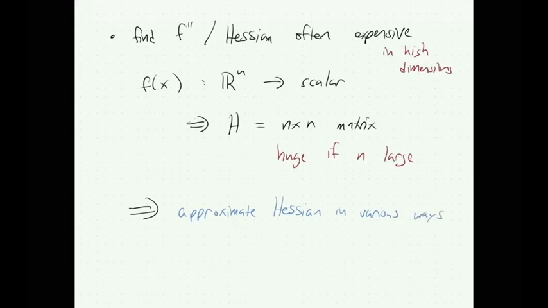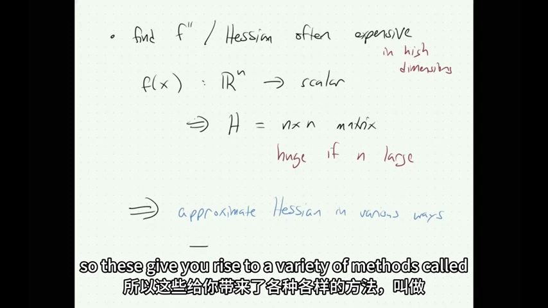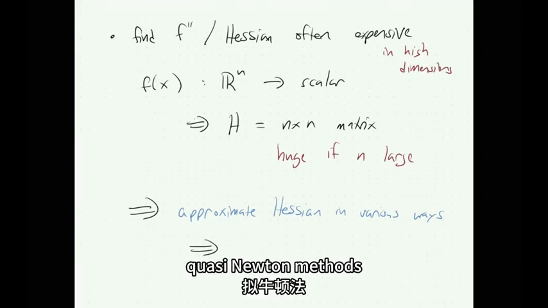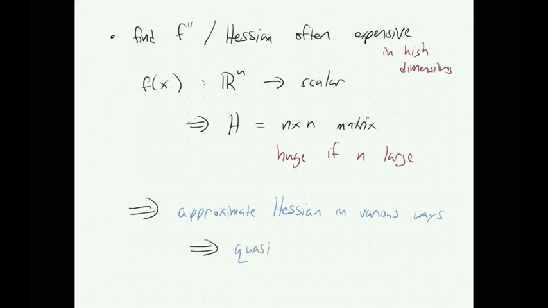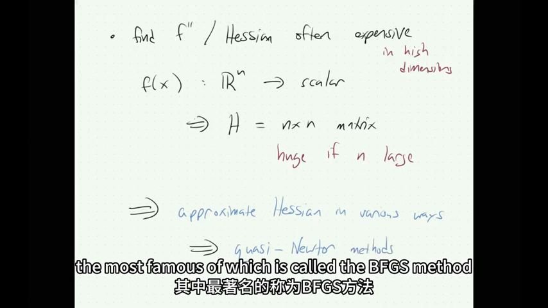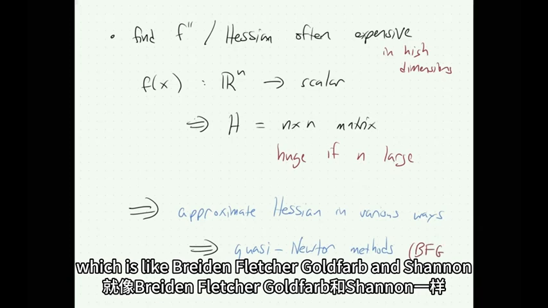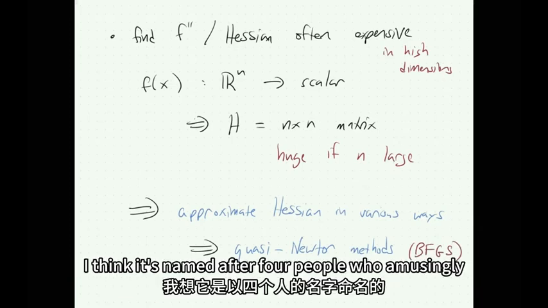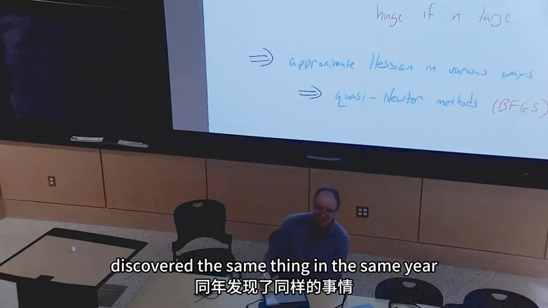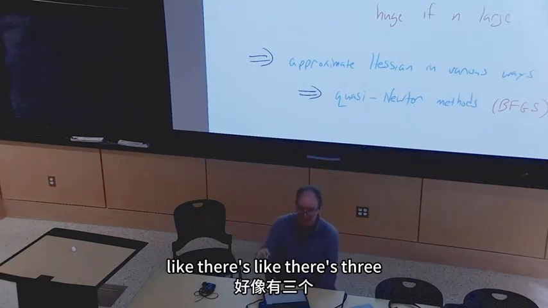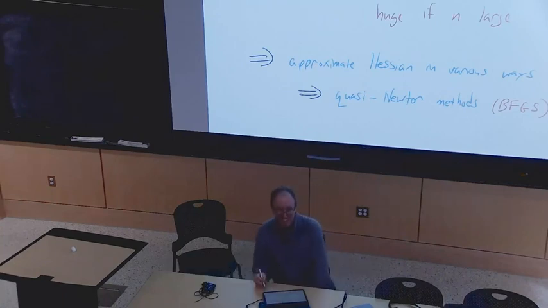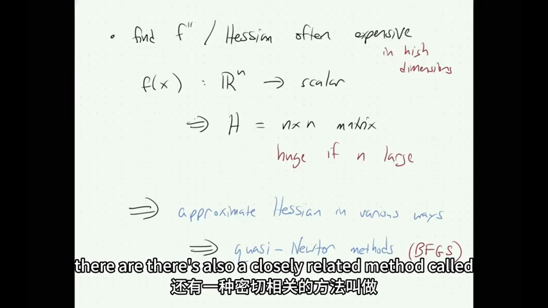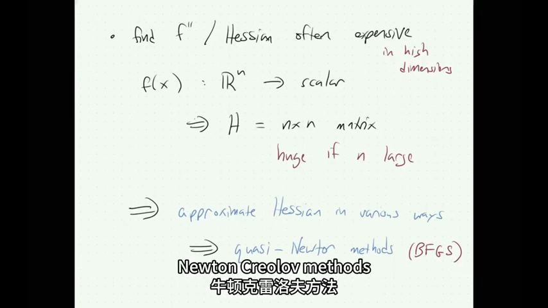And so these give rise to a variety of methods called quasi-Newton methods, the most famous of which is called the BFGS method, which is Broyden, Fletcher, Goldfarb, and Shanno, I think. It's named after 4 people who amusingly discovered the same thing in the same year independently. There are 3 or 4 separate papers on the same thing. There's also a closely related family called Newton-Krylov methods.